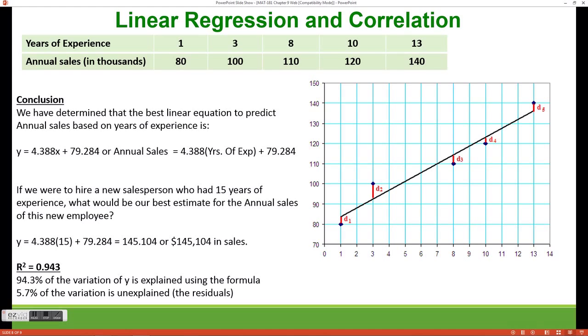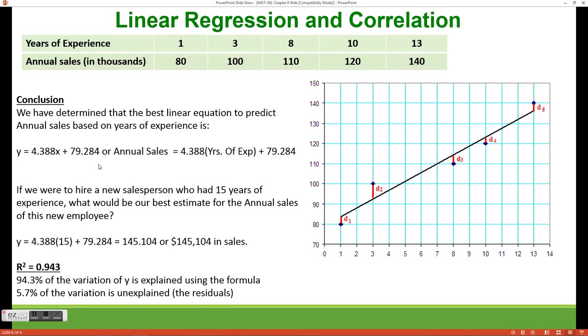At the conclusion of these calculations, we should have an equation that could estimate a value for y, which would be annual sales, based on a value of x, which would be the years of experience. Our final equation is y equals 4.388x plus 79.284.